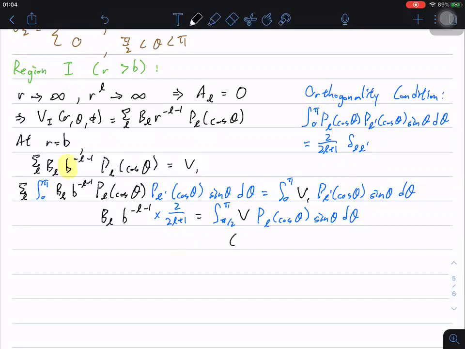Again, we can use the method of substitution, that x equals cosine theta.